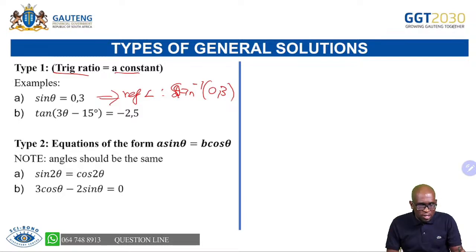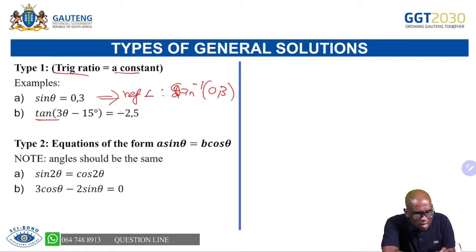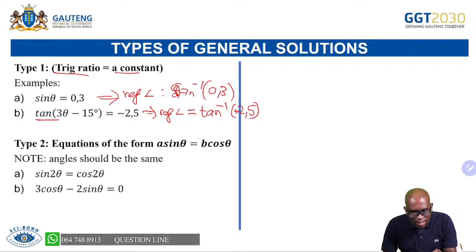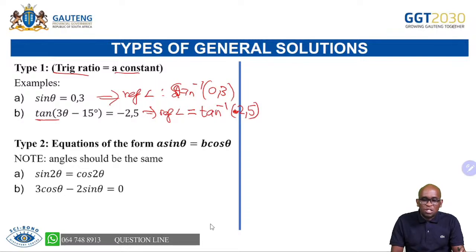Then you go to your general solution. You can do the same here. With your reference angle, you would have the arc tangent of 2,5, because we ignore the sign. Right, we are moving on.